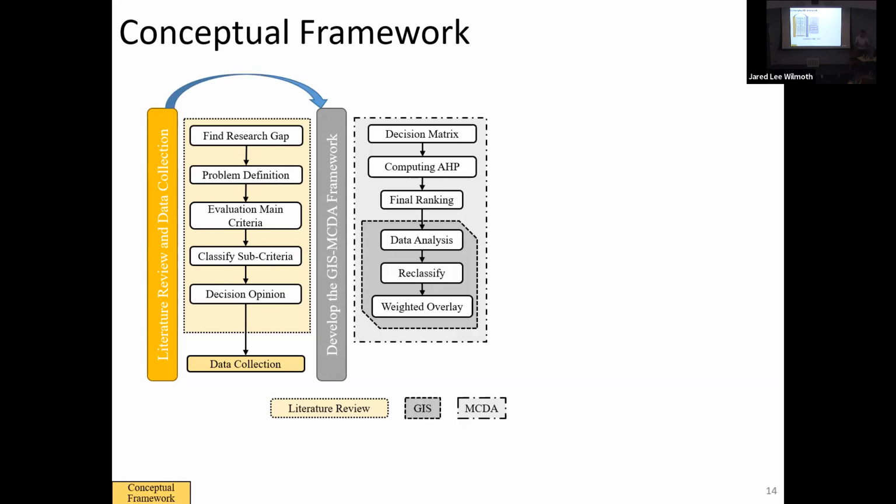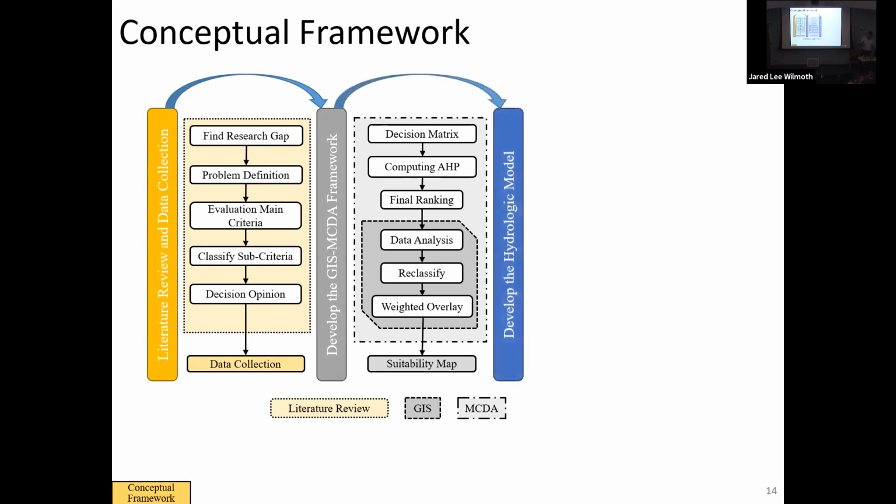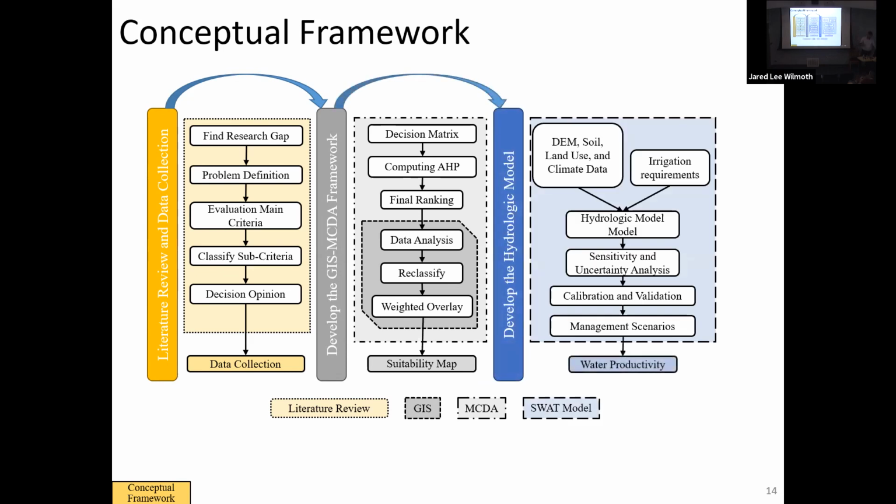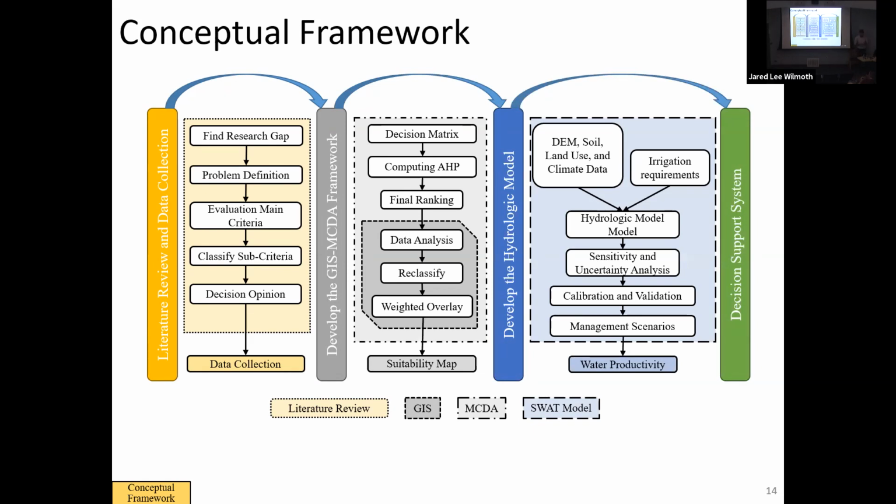So with the use of different techniques like analytical hierarchy process or different MCDA techniques, we developed different spatial multi-criteria decision analysis, then to use those decision analysis frameworks to develop decision support systems with the help and integration of those decision frameworks to hydrologic models, and then to provide decision support tools for better management of water resources using SWAT model.